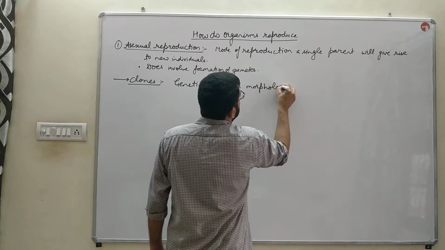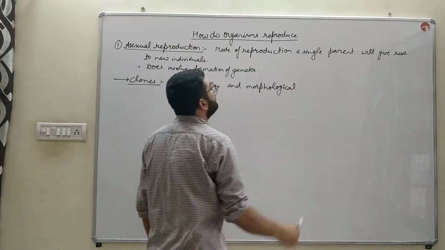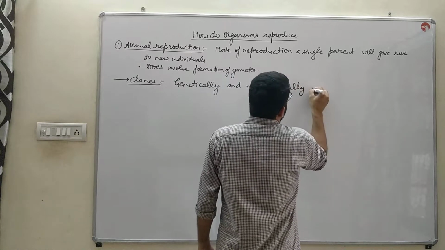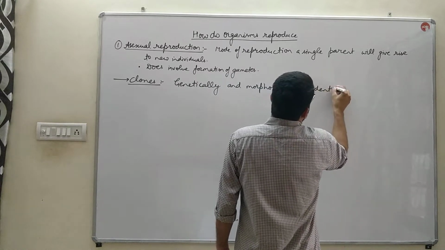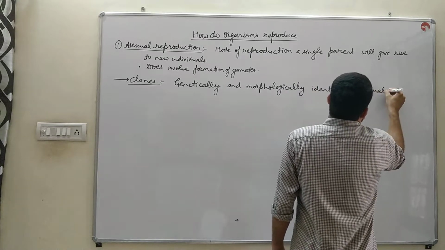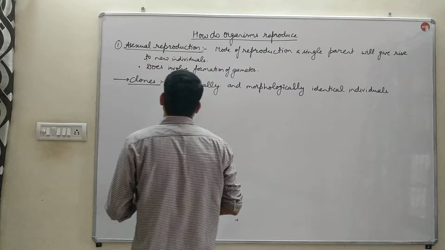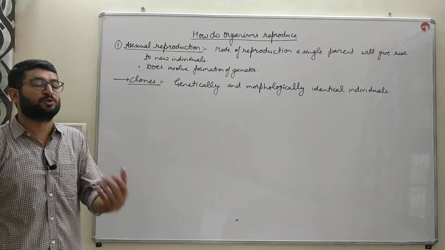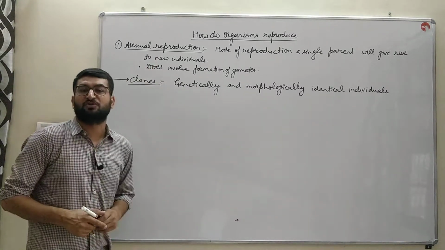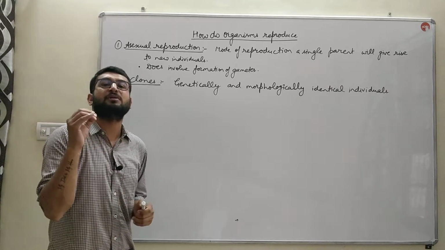Morphological means according to their physical features. So genetically and morphologically identical individuals are known as clones. And clones are produced during asexual mode of reproduction.